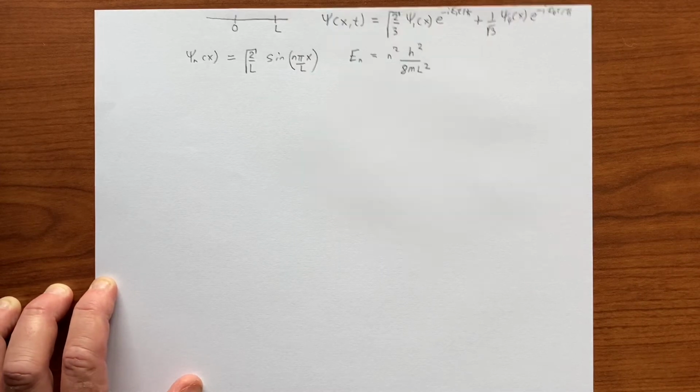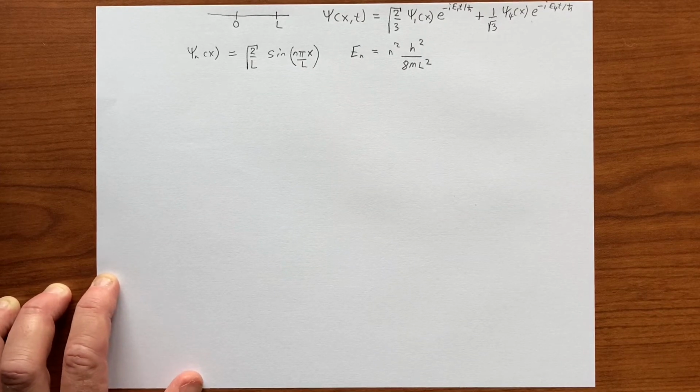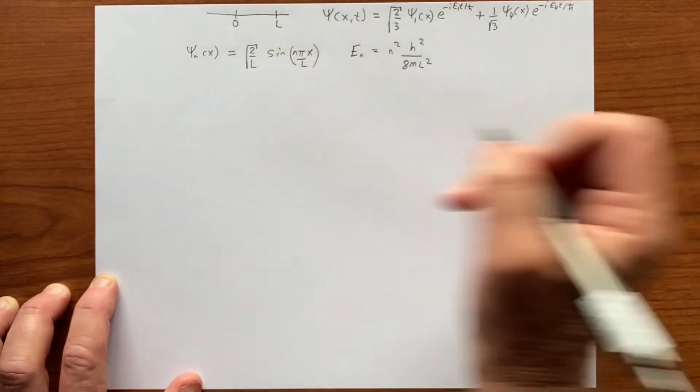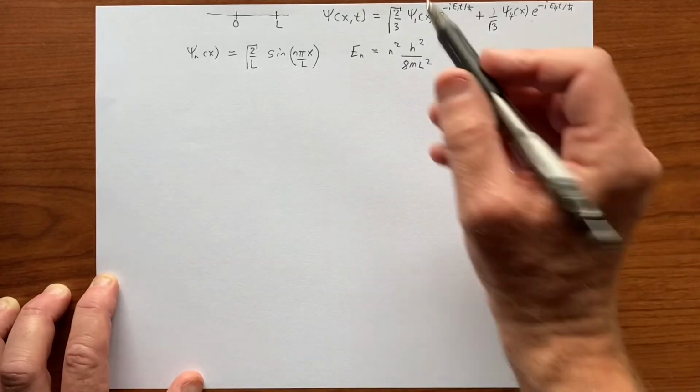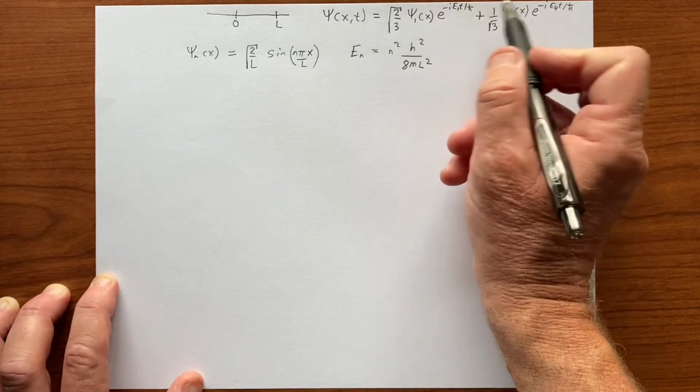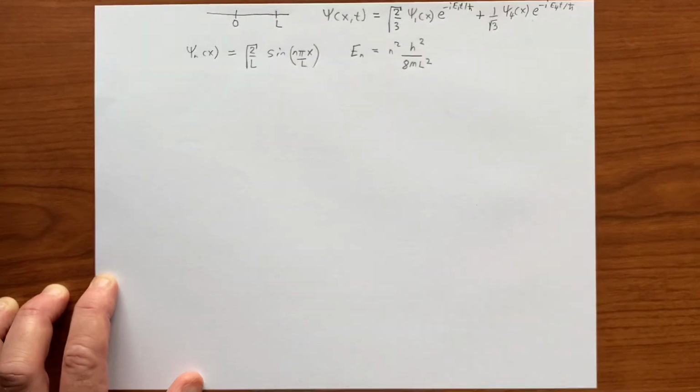So now let's say that we measure the energy. So we measure the energy of the particle, and just experimentally we find that we will either get E1 or E4, one of the two values of energy in the superposition.